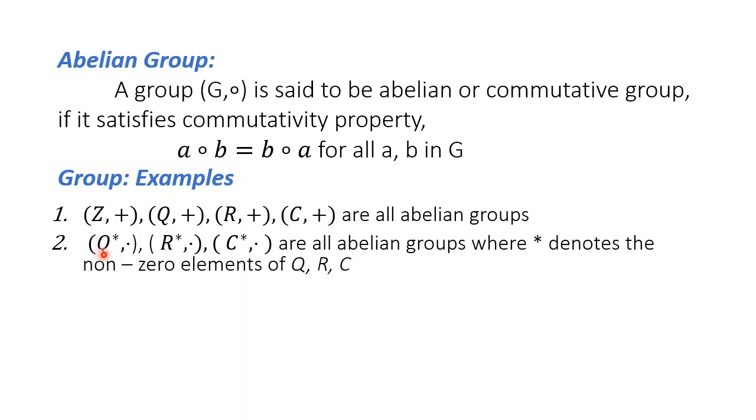So you consider rational numbers, real numbers or complex numbers. Anyway, in these sets, 0 has no multiplicative inverse. So you exclude 0 and write the remaining set as Q star. So Q star, R star and C star are sets in which 0 is eliminated. So we see that under multiplication, these sets form abelian groups.